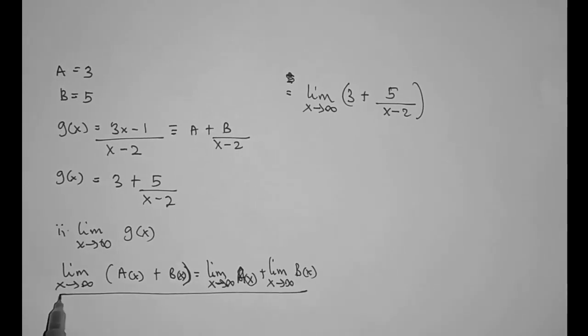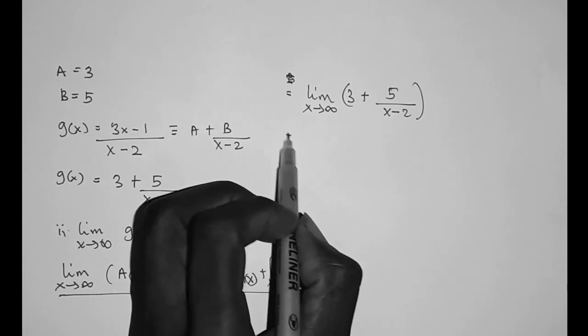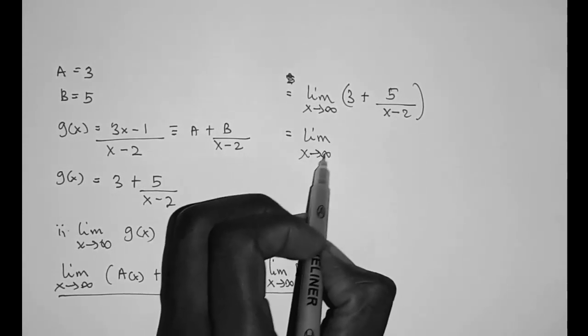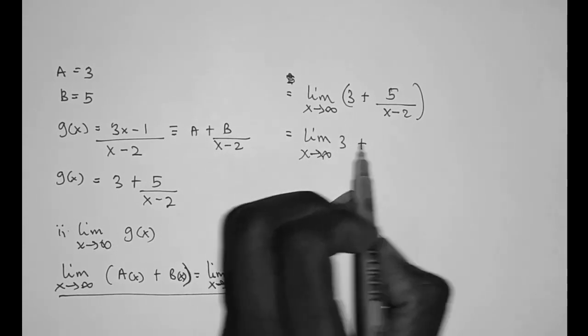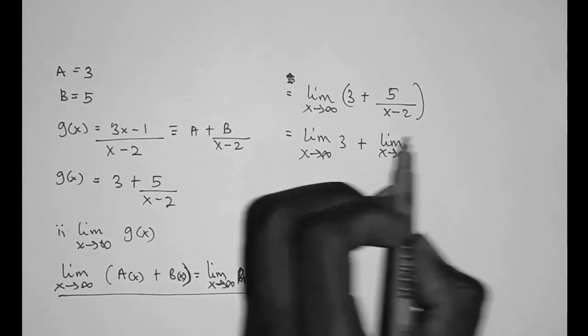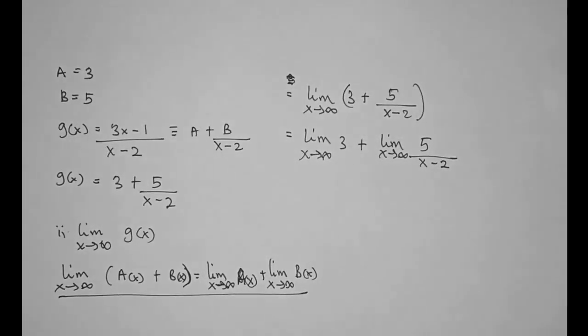This is a property of limits, and therefore this can be split into the limit as x approaches infinity of 3 plus the limit as x approaches infinity of 5 over x minus 2.